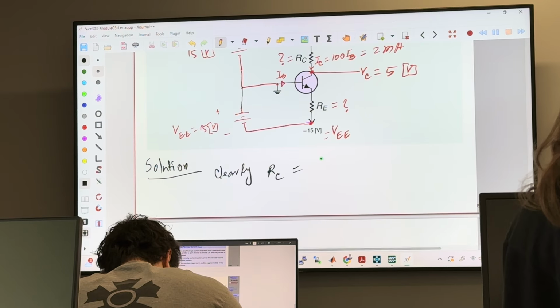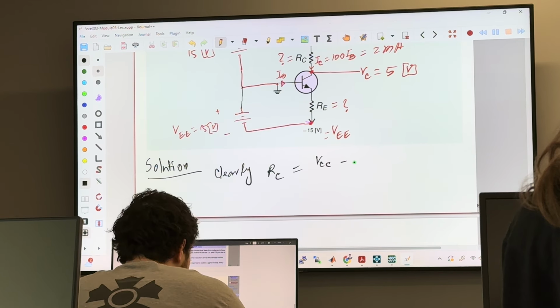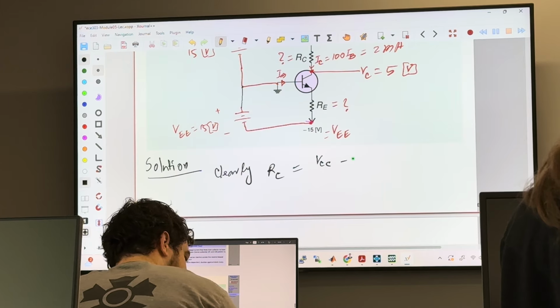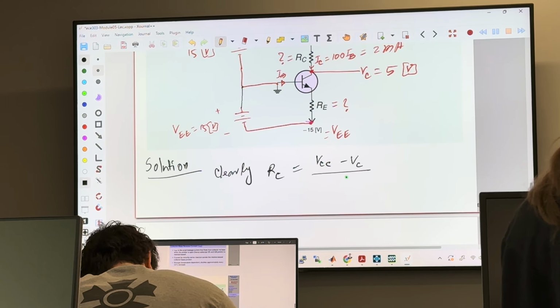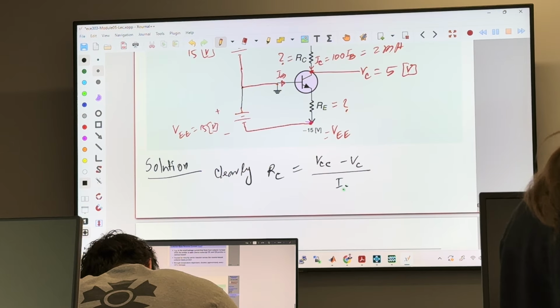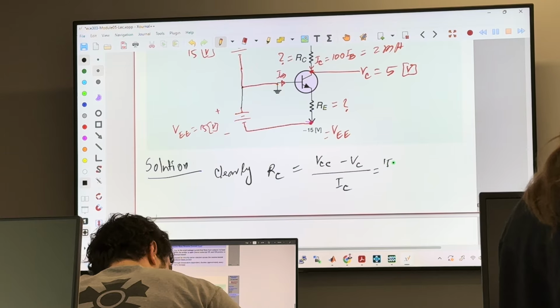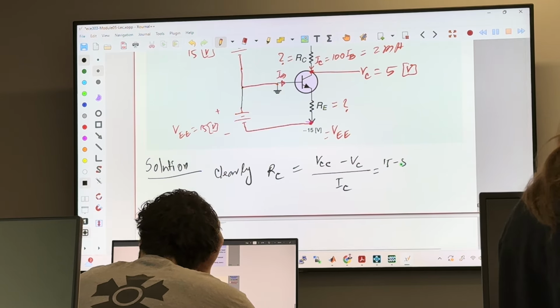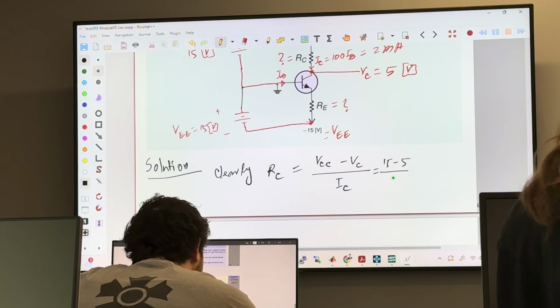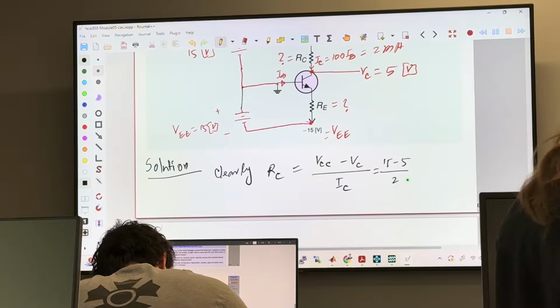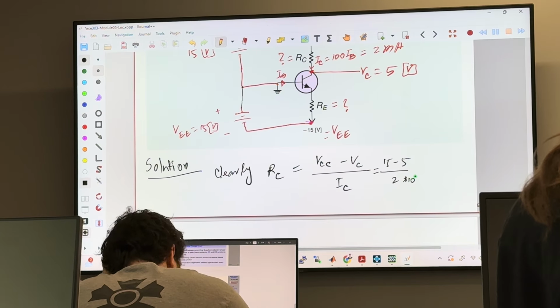Clearly, RC equals VCC minus VC over IC, which is 15 minus 5 over IC. We want 2 milliampere, right? 2 times 10 to the negative 3.